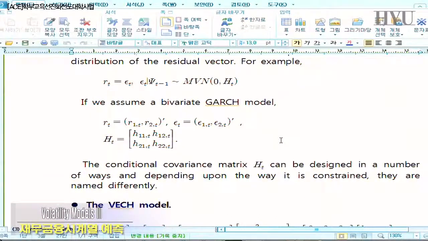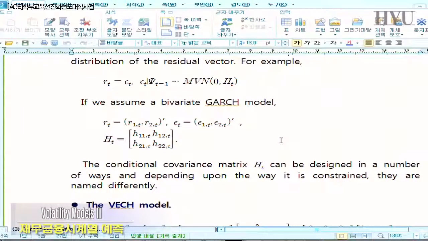But the thing is, we all know that the variance is positive, right? Suppose you have a matrix with numbers, variances, and covariances.